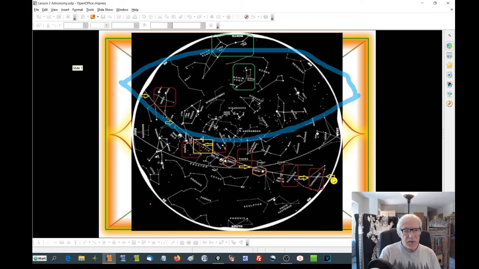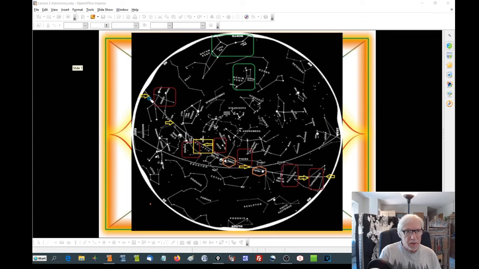There is a difference between those two lines, which comes to approximately, and it depends on the scientist, how they've calculated it, about 23 to 24 degrees. If we take a measurement from the ecliptic to the celestial equator, same on this side, from the ecliptic to the celestial equator, we'll come up with about 23 to 24 degrees of arc.